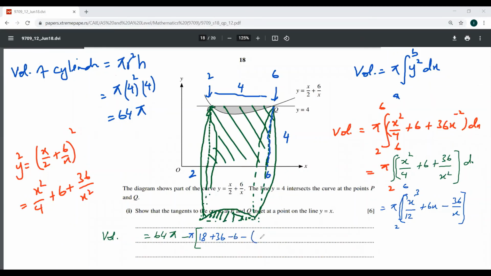And then you have minus x cubed, that is 8 over 12, that is 2 by 3, plus 12 and minus 18. Can you please simplify all of this and tell me what we have in terms of pi here? So the answer to this question is 10/3 pi units cubed. That is the volume that you will be getting.